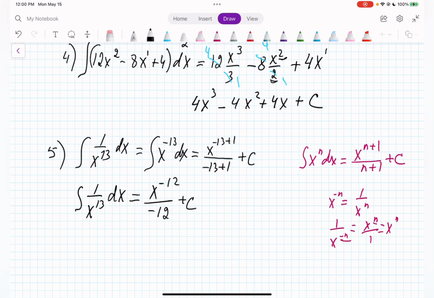Let's improve it: x to the negative 12 comes to the bottom as x to the positive 12. The 12 stays there, but the negative I put in front of the fraction. So it's going to be negative 1 over 12 x to the power positive 12 plus c. Okay?